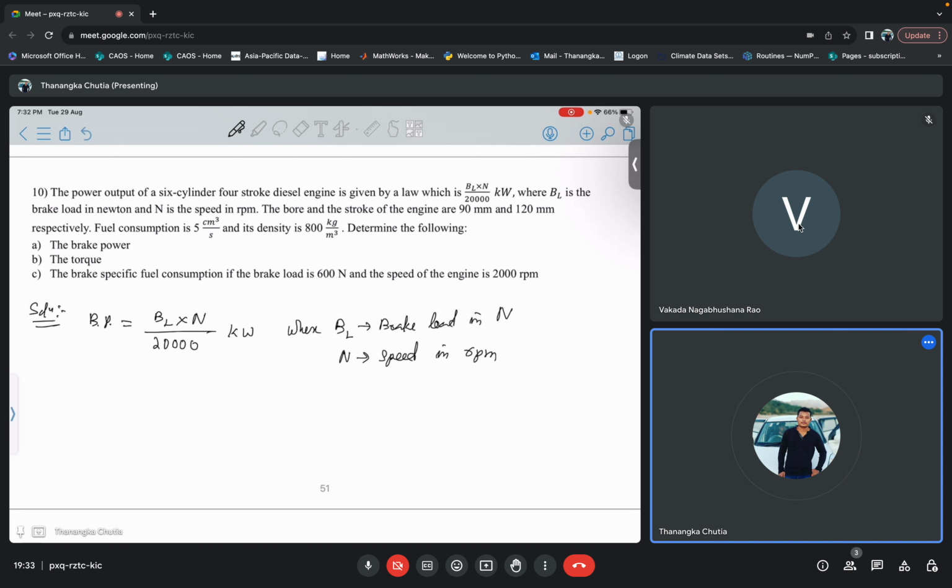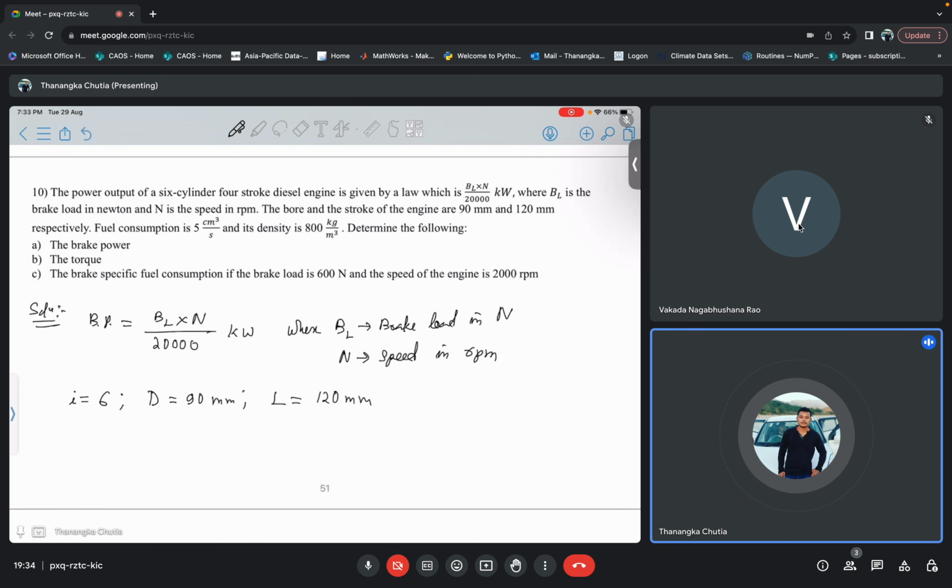Okay, so given is I, that is the number of cylinders, is 6. Okay, and it is a 4-stroke engine, so n will basically be N by 2. The bore diameter is given to us as 90 mm. Okay, and your stroke length is given as 120 mm.